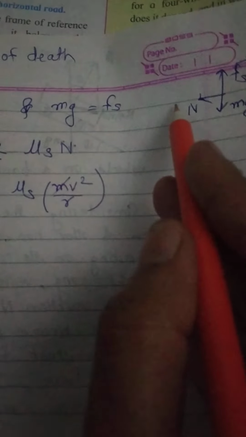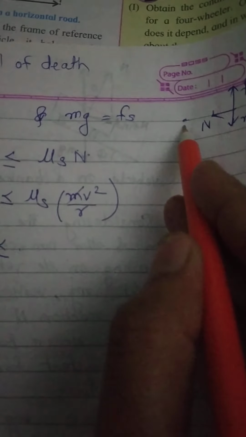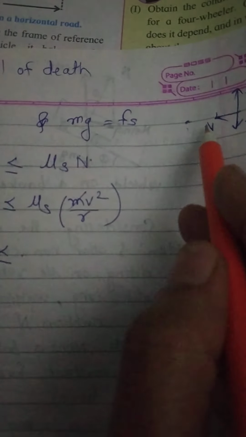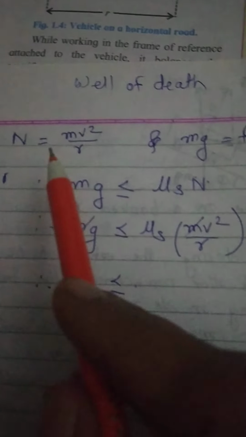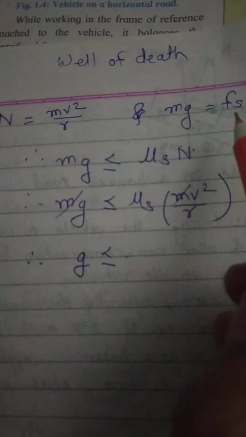For a better understanding of the wall of death equations: N is equal to mv squared upon r, and mg is equal to Fs. In this diagram, the normal reaction provides the centripetal force, so N is exactly equal to mv squared upon r, and mg balances Fs. Therefore mg is equal to Fs.